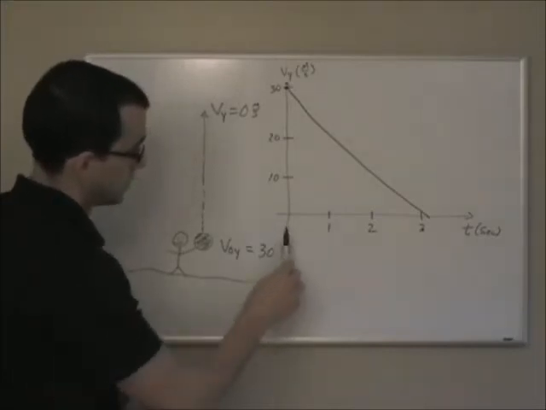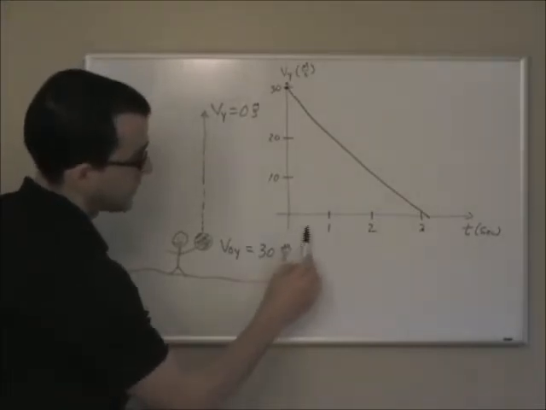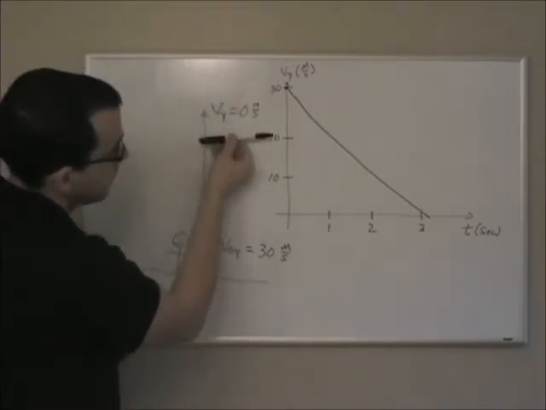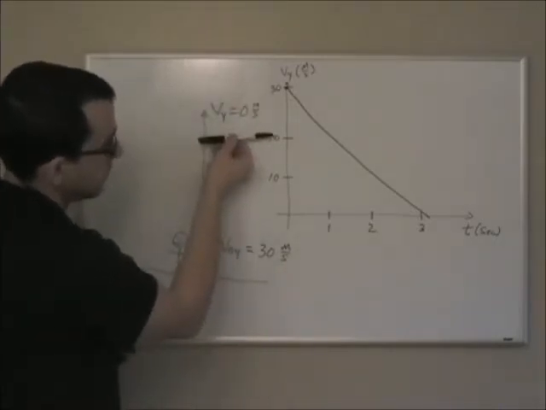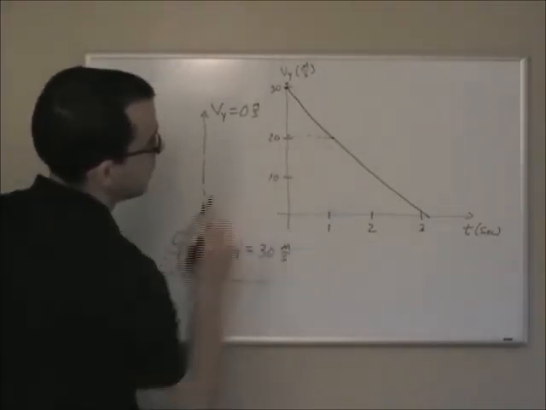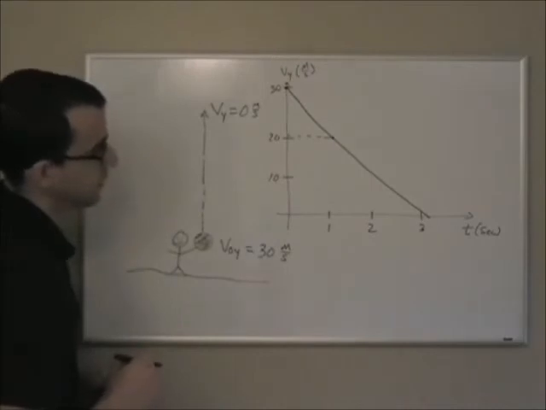And so let's look at this. So as 1 second passes, we see that our velocity has dropped almost 10 meters per second. If we go draw this line over, it's about right there.